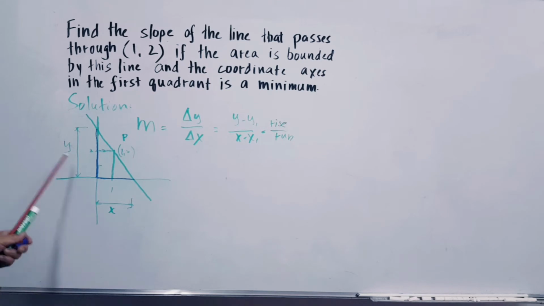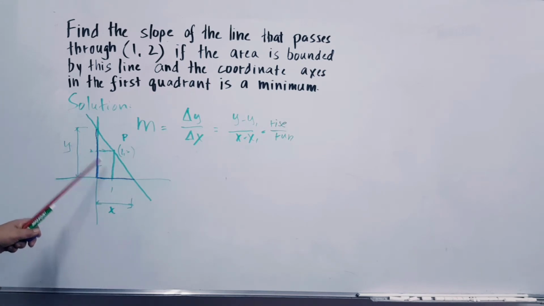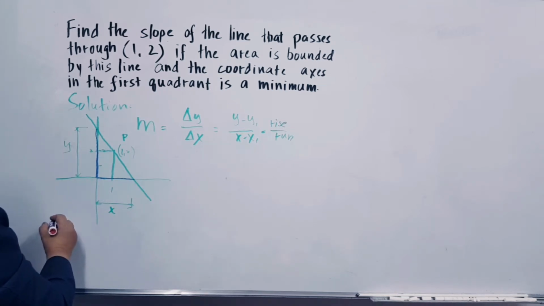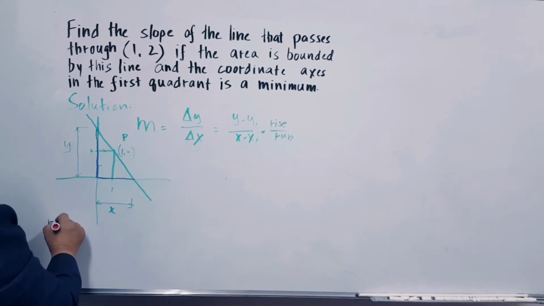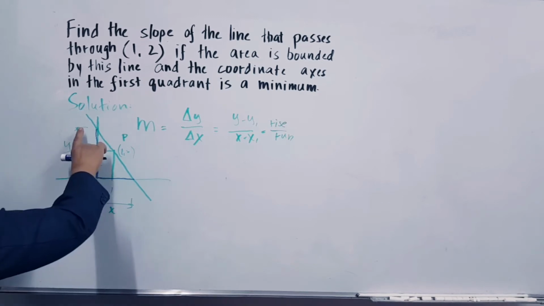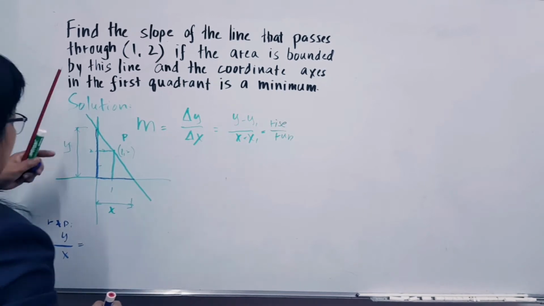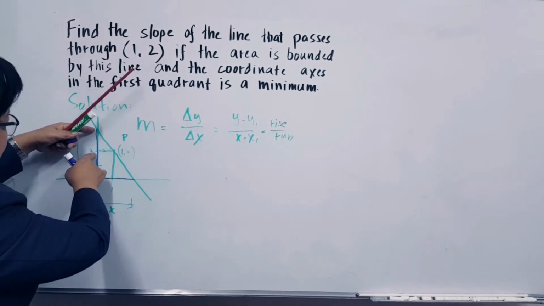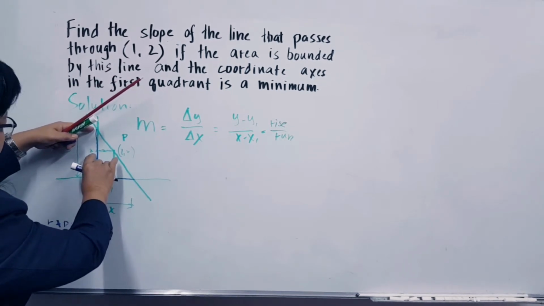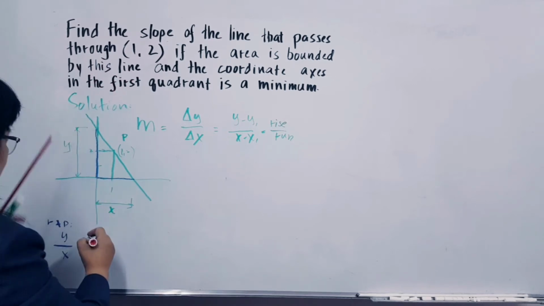Because we have right triangles here, we can make a ratio and proportion. For example, y is to x is equal to this. We can use this small right triangle, which is equal to y minus 2, because from here to here is 2, so this one will be y minus 2.